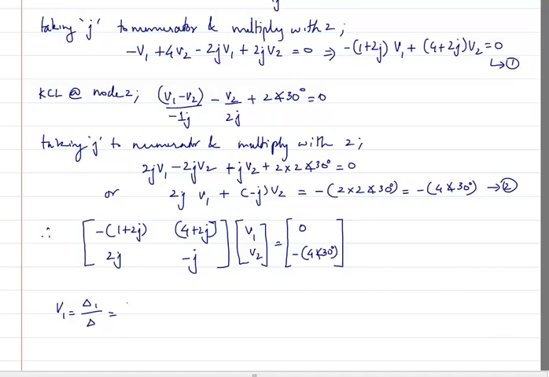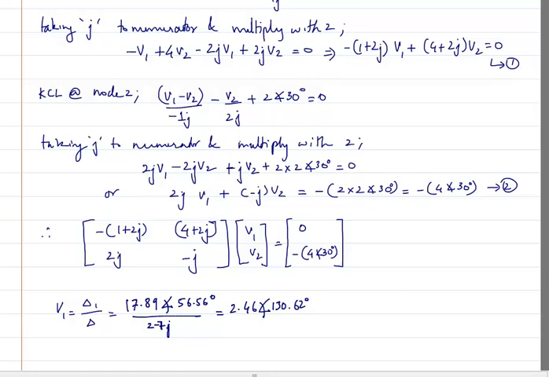If I would solve it, I will get the answer: delta 1 is 17.89 with an angle of 56.56 degrees, divided by delta, which is 2 minus 7j, and that will give us an answer of 2.46 angle 130.62 degrees.